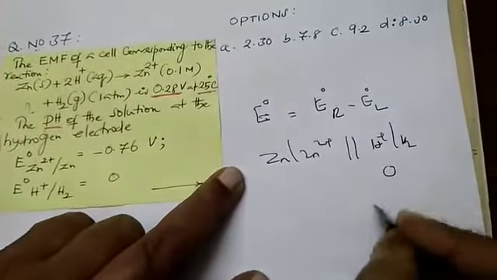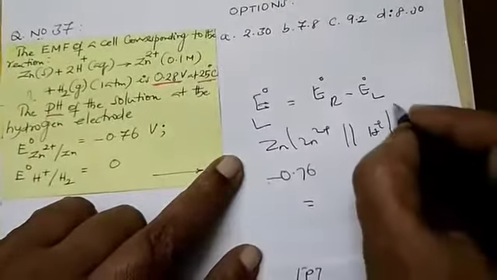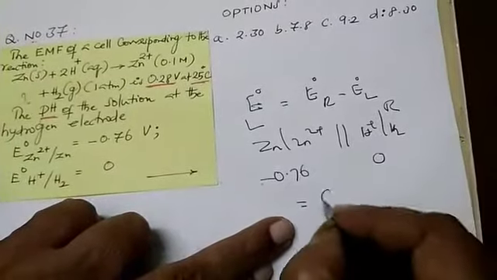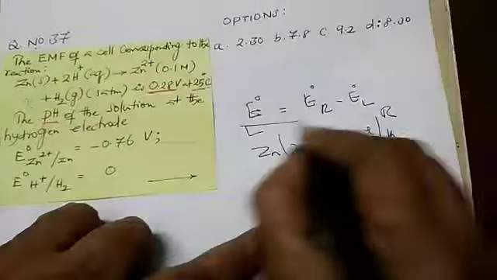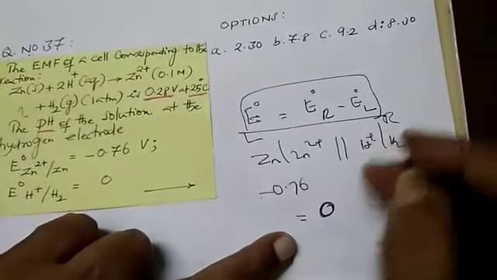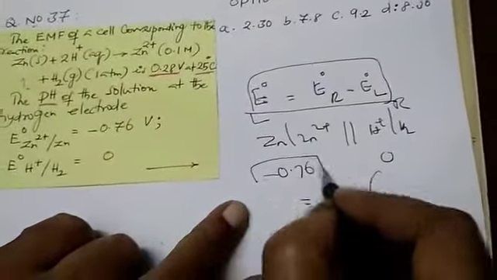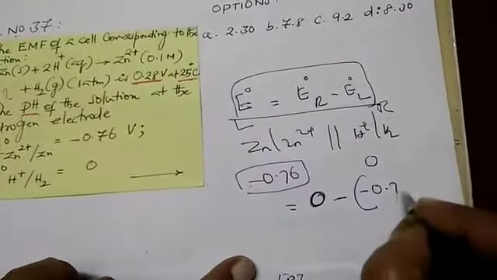For hydrogen it is 0, and for zinc it is minus 0.76. In the sum this is the left side and this is the right side. So the formula is right side minus left side: right side is 0 minus the left side, which is minus 0.76.